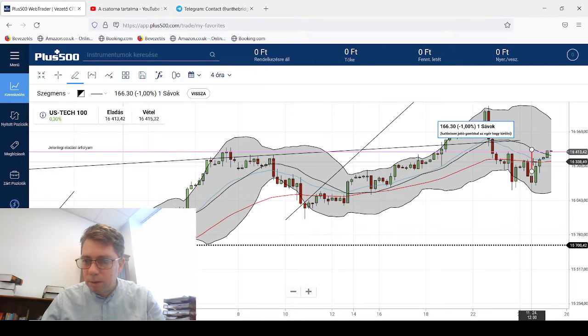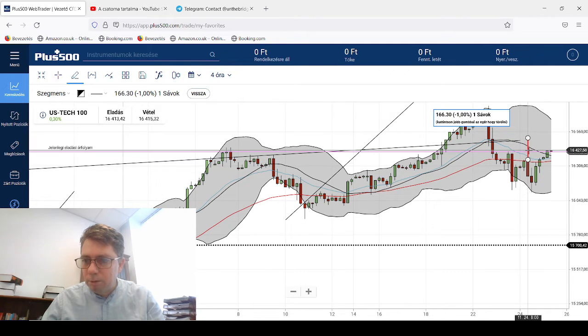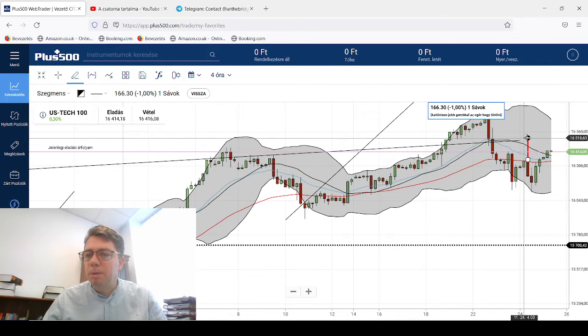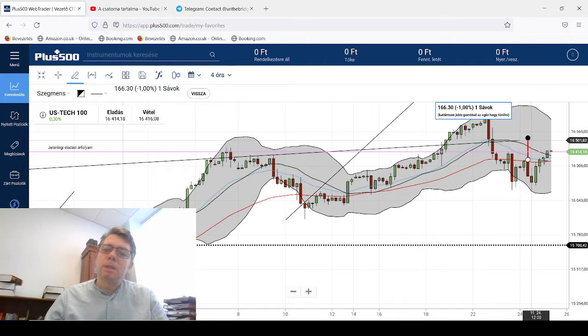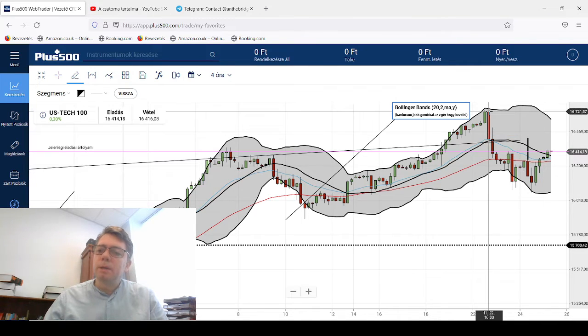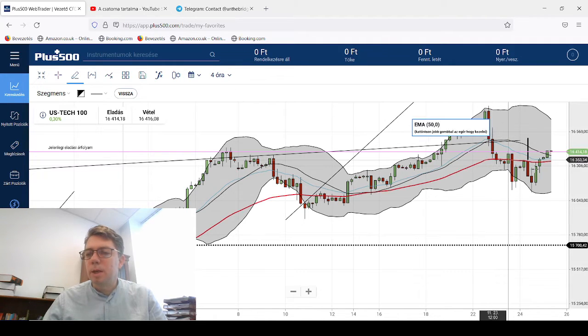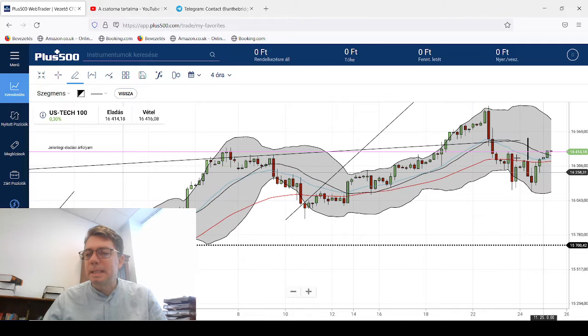Of course we can get above that, and it says that we are going to 16,520, and in fact probably above it. As I see it, I think we are going back to 16,700. In fact, we are probably going to build a higher high, and I think this correction has probably ended.